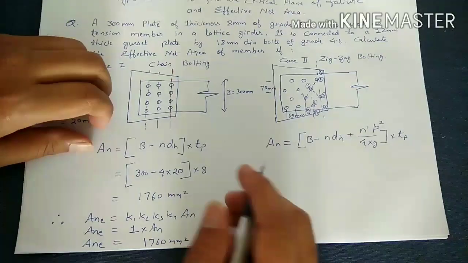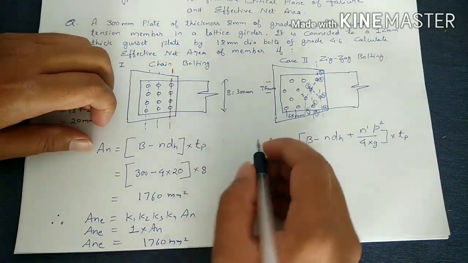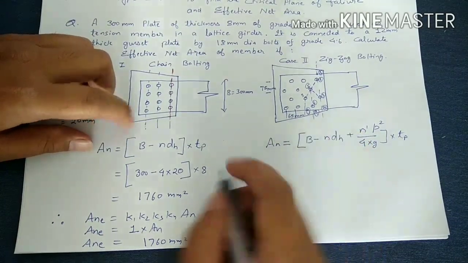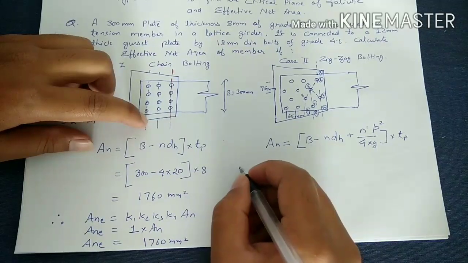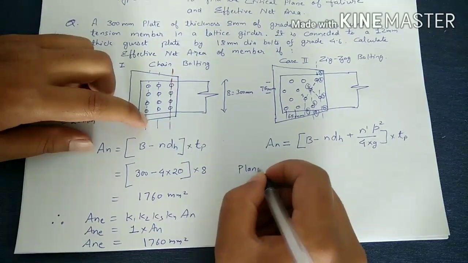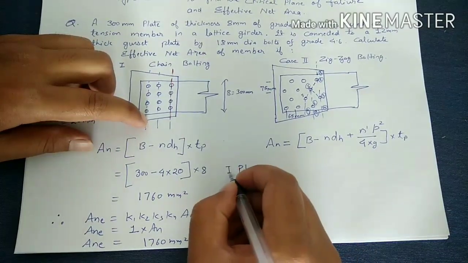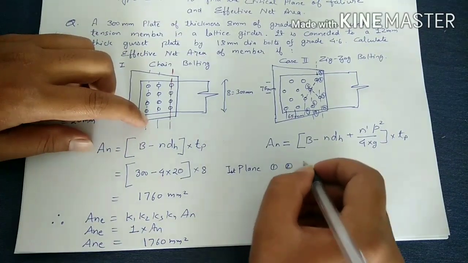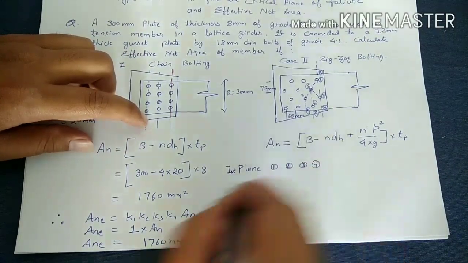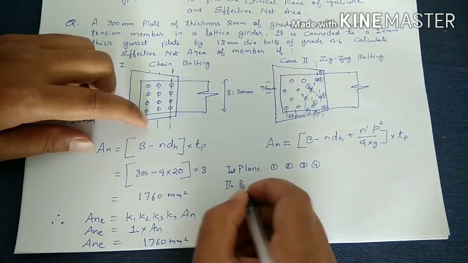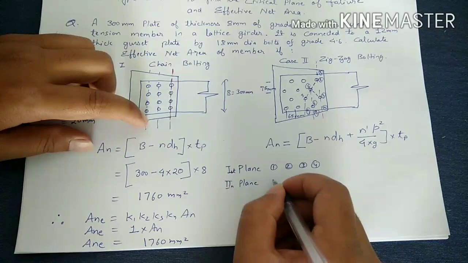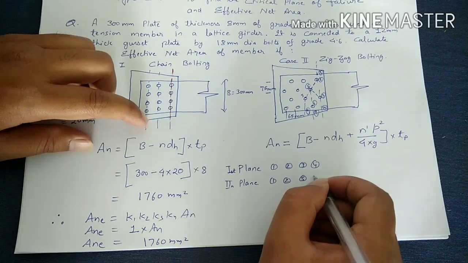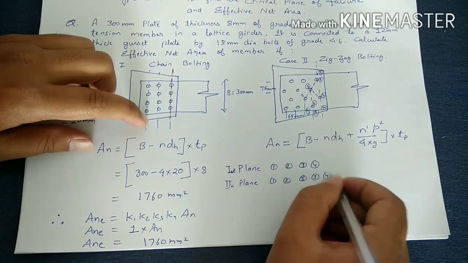So first we will see what is the possibility of the critical plane which may arise. So considering different planes, the first plane may go like this, that is 1, 2, 3, 4. Second plane may go like this, 1, 2, 5, 3, 4.